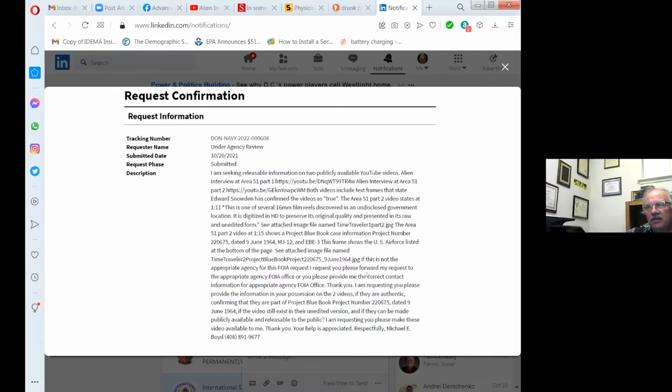This frame shows the Air Force listed at the bottom of the page. See attached image, and I'll show that to you in a minute. If this is not the appropriate agency for the FOIA request, I request you please forward my request to the appropriate agency FOIA office, or please provide me the correct contact information for the appropriate agency FOIA office.